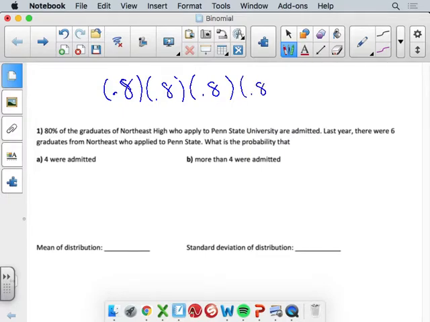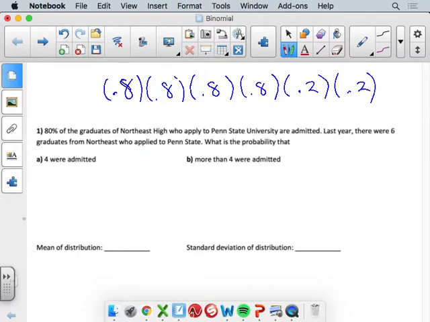So it'd be 80%, but then I still have 2 other people that applied, and that would be 0.2. They didn't get in, so that's the 20% chance that those people didn't get in. So that's 6 people, 4 of them got accepted, 2 of them didn't. Here's the odds that they got accepted. 20% is the odds that they didn't get accepted.